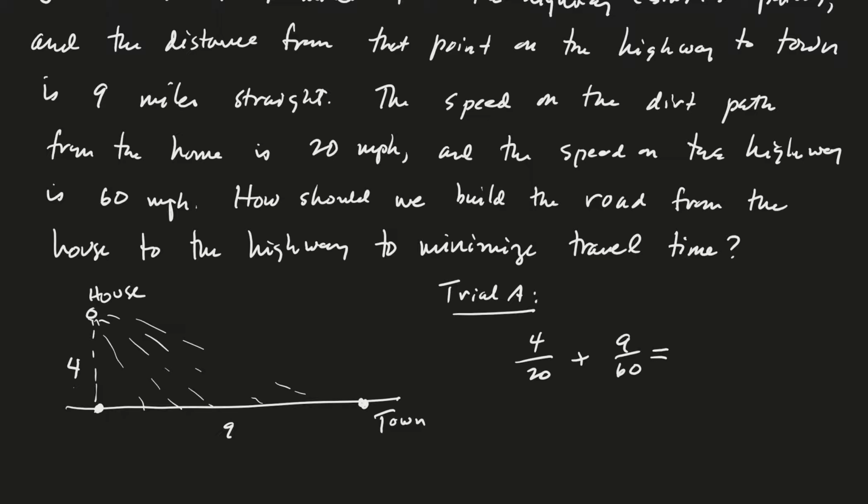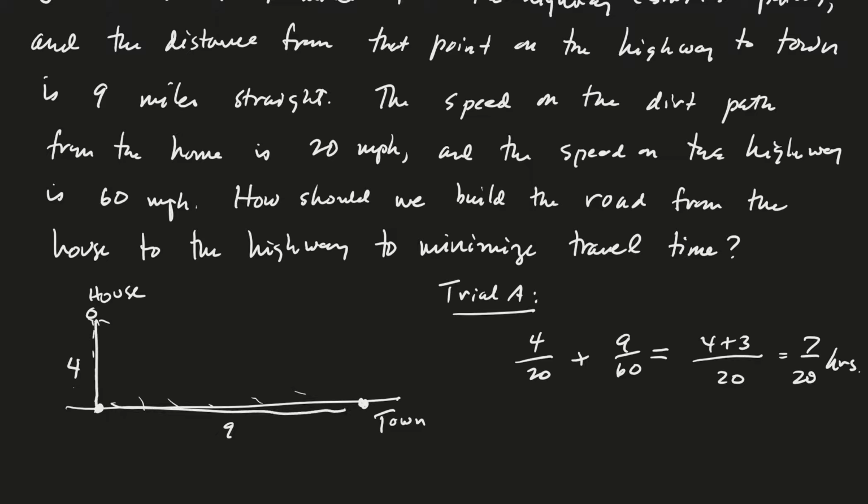Overall, I think I can reduce that. Put it over 20: 4 plus 3, 7 over 20, and this is in hours. So 7 over 20 hours. Good.